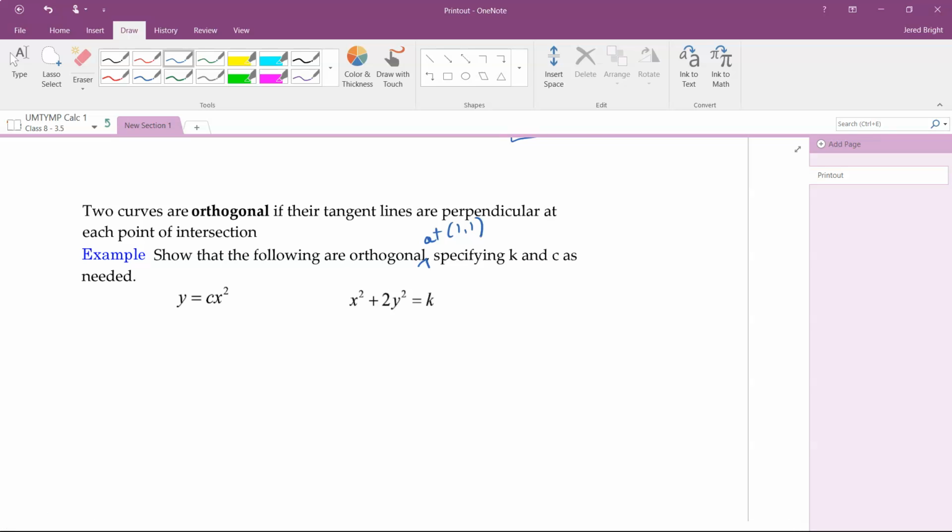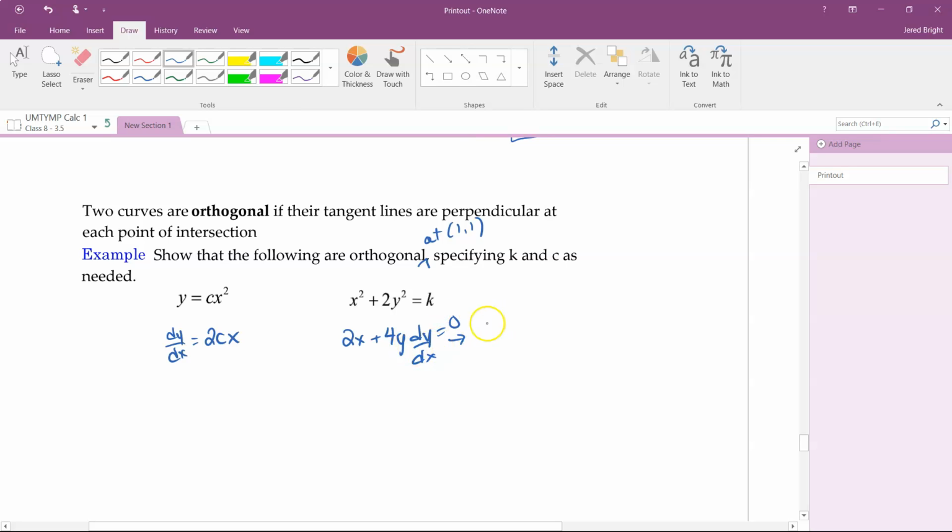Okay, so for this first one, we could say dy/dx is equal to 2cx, right? And for the second one, we could go through and find its derivative as well, using implicit differentiation this time. So 2x plus 4y dy/dx is equal to 0.